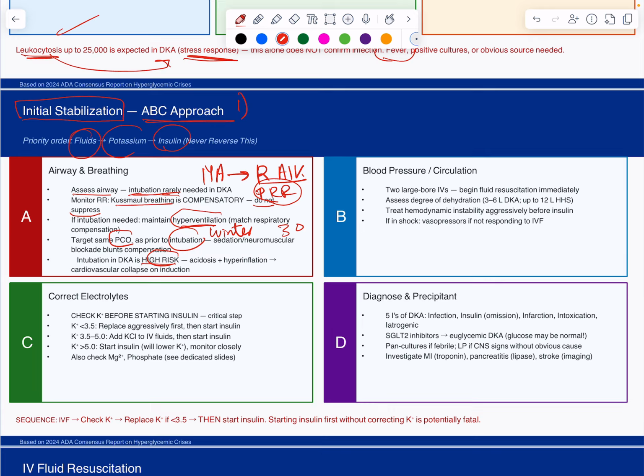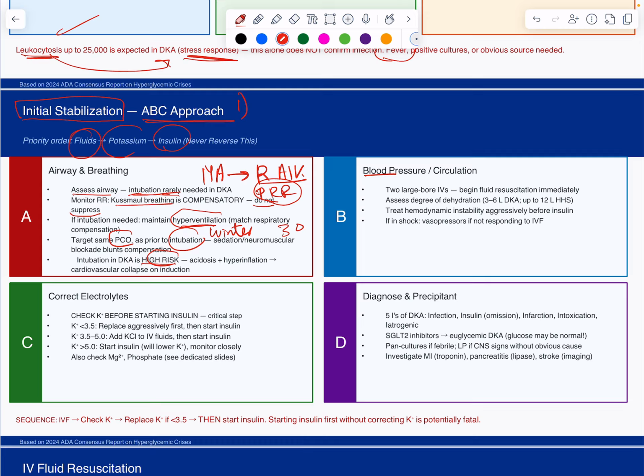So that's the airway. We want to make sure they have a patent airway and they are breathing fine, right? We want to make sure that they already have good respiratory compensation, and if we intubate, we make sure to maintain this hyperventilation process.